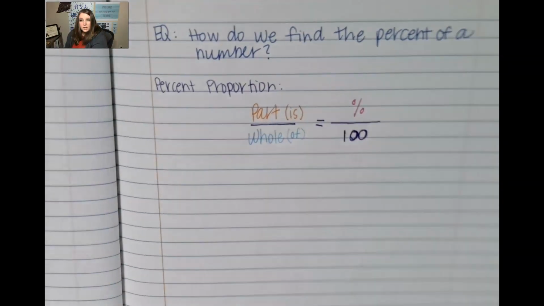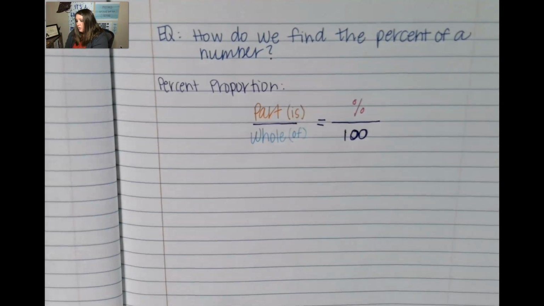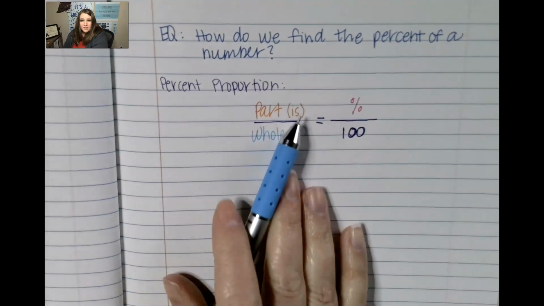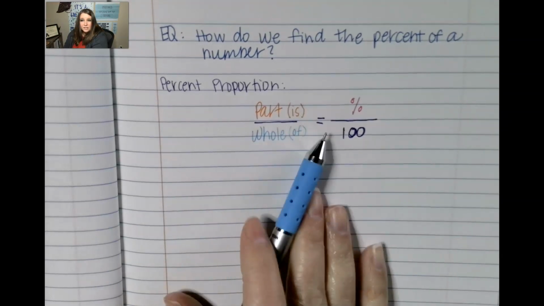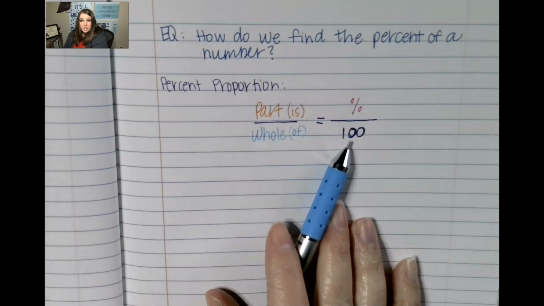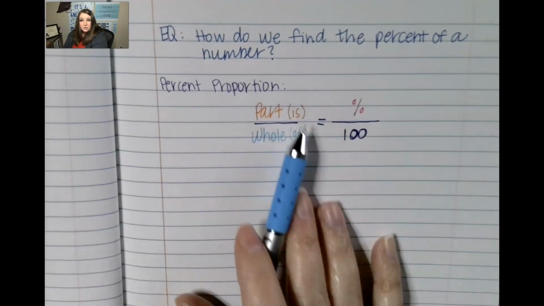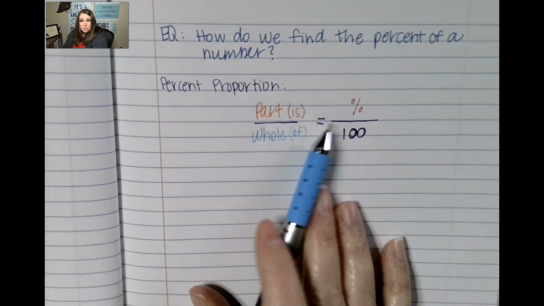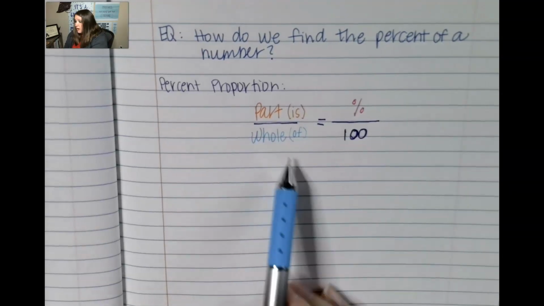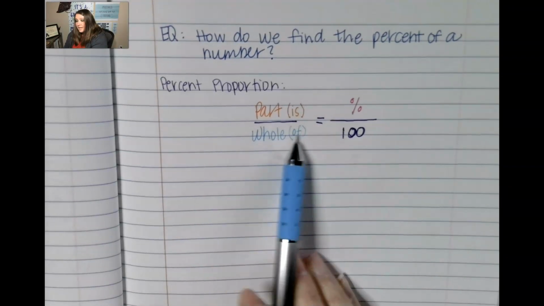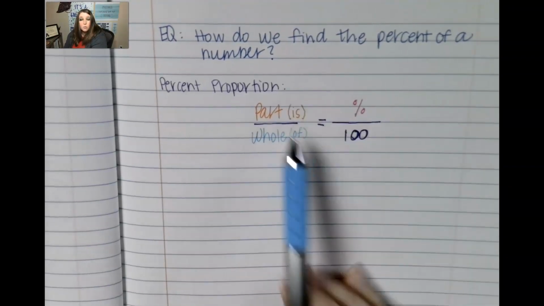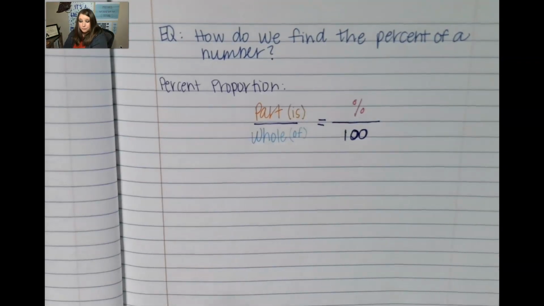So we're going to be using a percent proportion, that is, is over of is equal to a percent over 100. Whatever I do on this side, I'm going to do to here so that they are equivalent. They can work together.